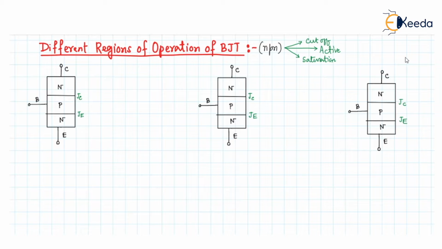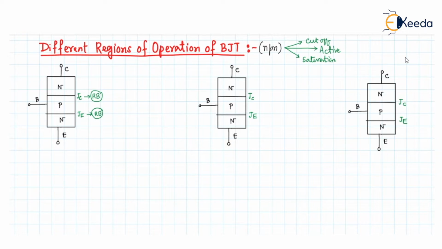For making the transistor operate in the cutoff region, we have to make the JC junction reverse biased, and the JE junction also reverse biased. So we have to apply external potential in such a way that both junctions are reverse biased.